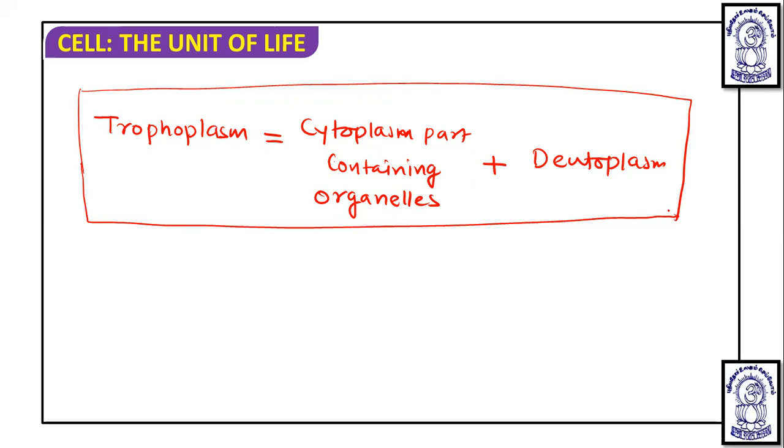Now, apart from this, another term which is used is known as protoplasm. Now, protoplasm is the term for the matrix which is present in the nucleus, that is the nucleoplasm, plus cytoplasm.